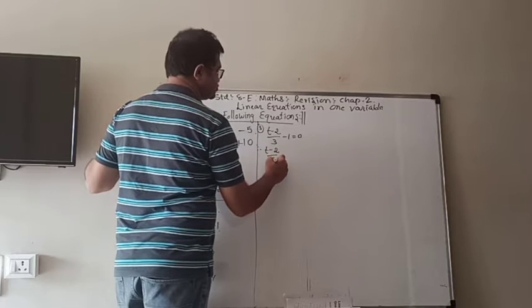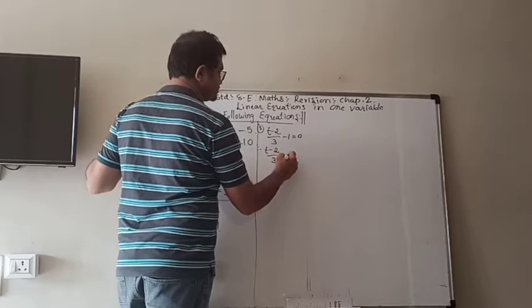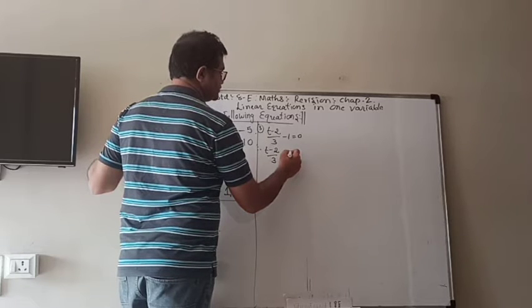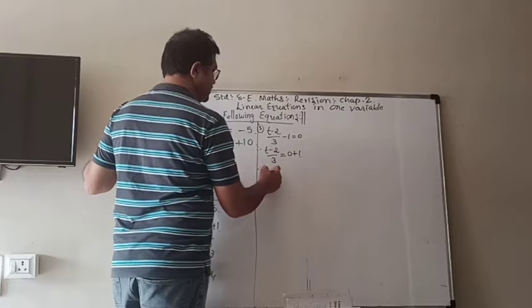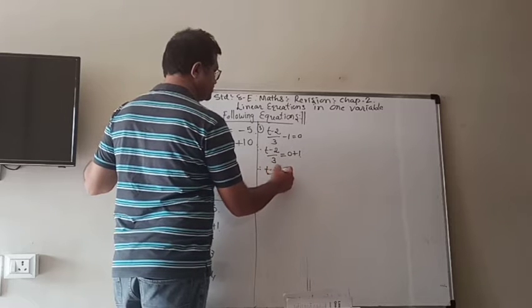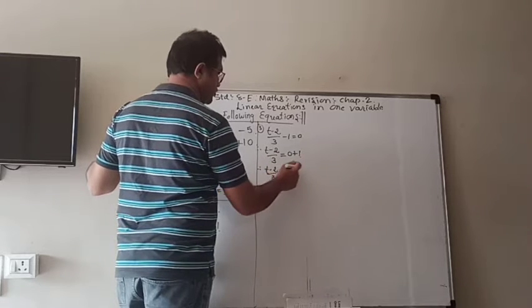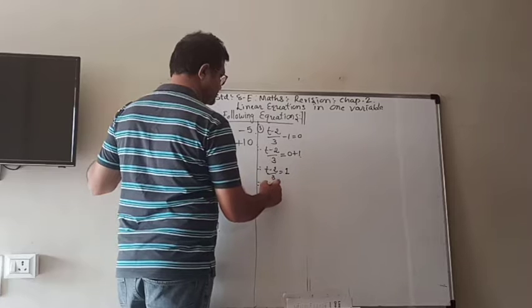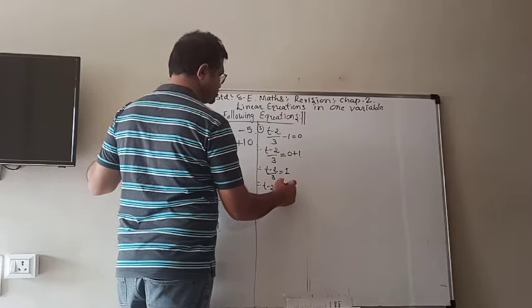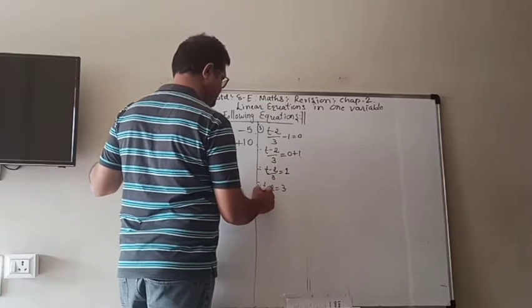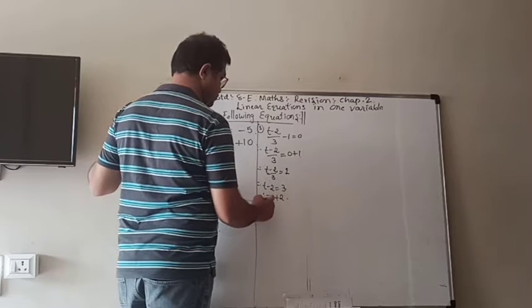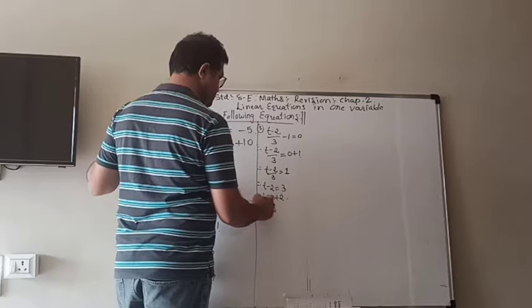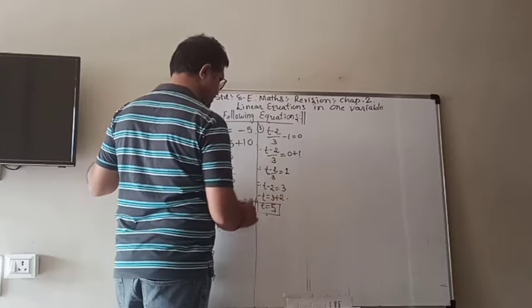So t minus 2 upon 3 is equal to 0. Minus 1 will become plus 1. It means t minus 2 upon 3 is equal to 1. Now 3 will go that side. So t minus 2 is equal to 3 ones are 3. So t is equal to 3 plus 2. So t is equal to 5.